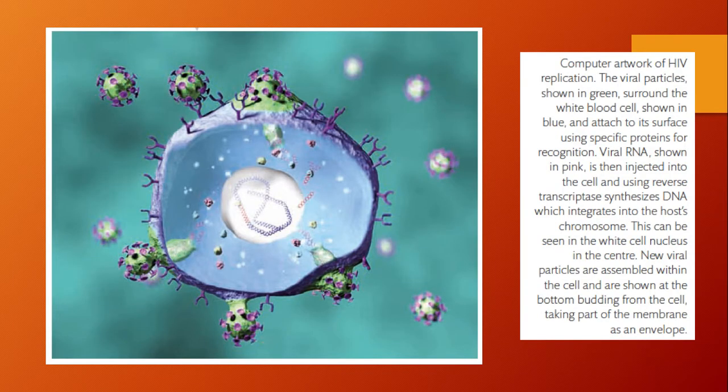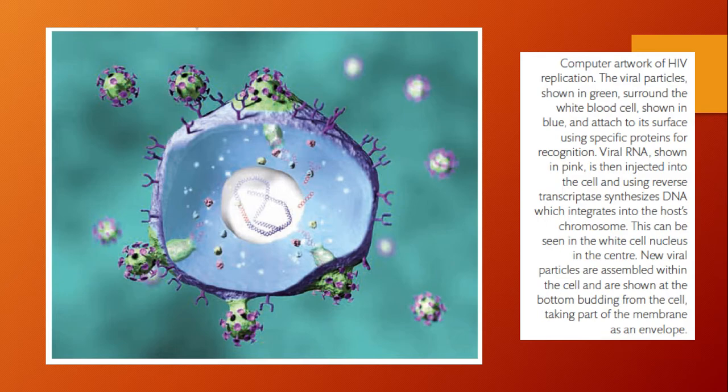You can see here's a computer image of what is going on. If you follow along, it says that the viral particles shown in green surround the white blood cell shown in blue and attach to its surface using specific proteins for recognition.